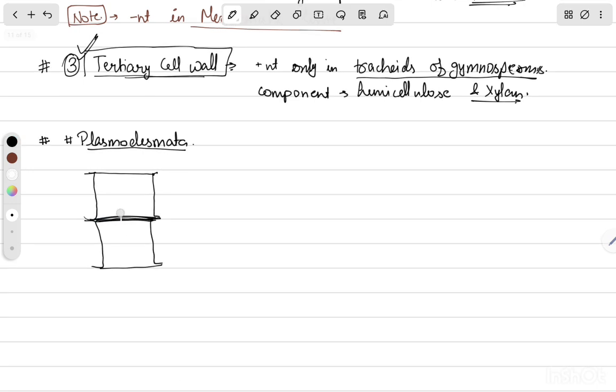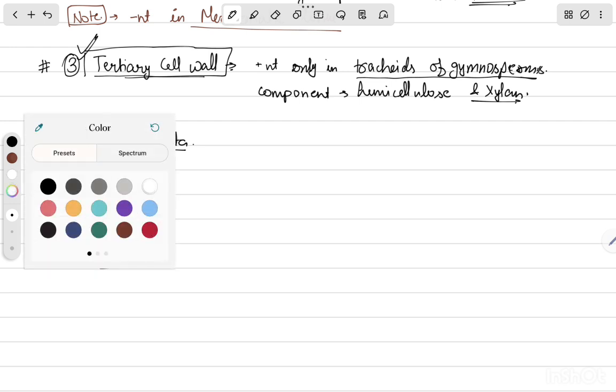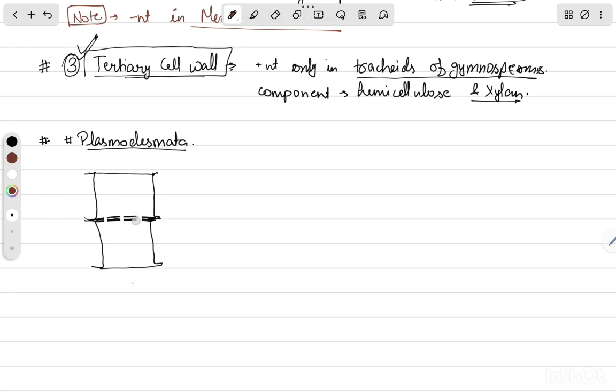So these two plant cells are connected through some cytoplasmic bridges for transport. And these are the cytoplasmic bridges. So this connection is plasmodesmata. This is plant cell 1 and this is plant cell 2.